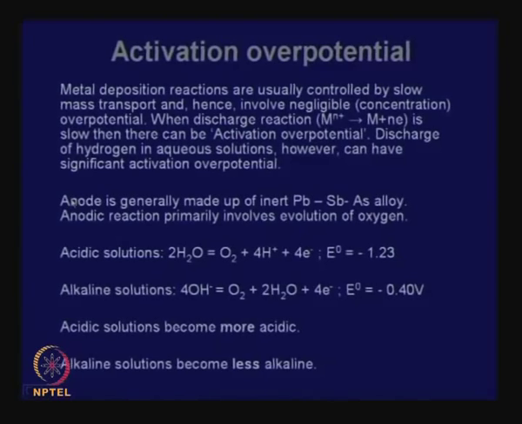In aqueous electrolysis, the anode is generally made of inert lead, antimony, arsenic alloy. The anodic reaction primarily involves evolution of oxygen. In acidic solution, what happens? Water is dissociated to produce oxygen and hydrogen ions.